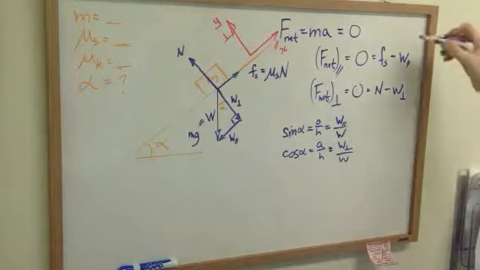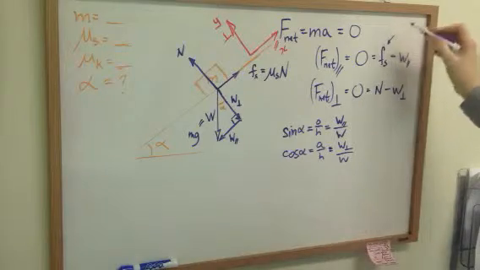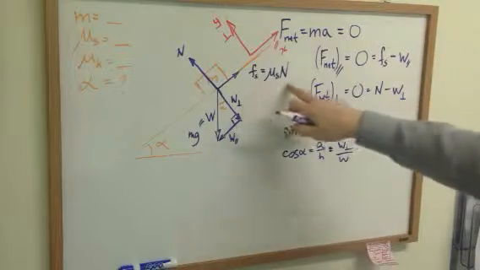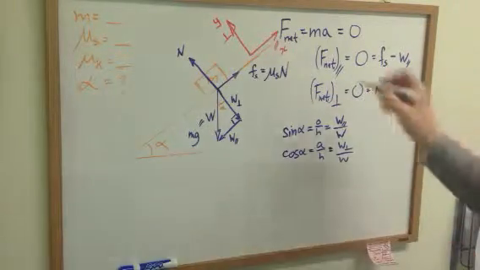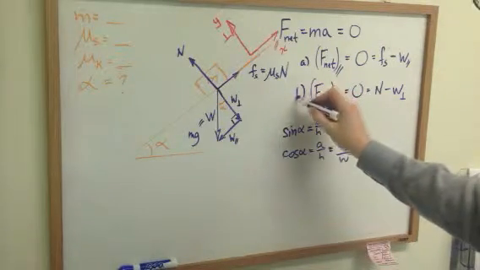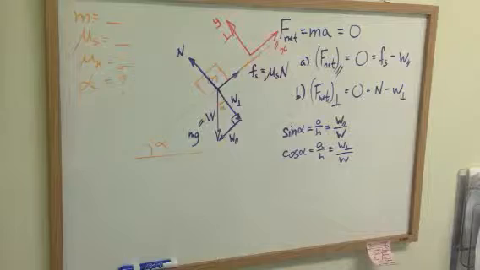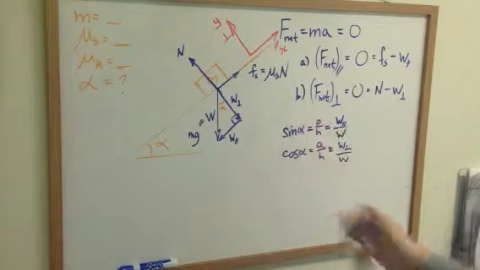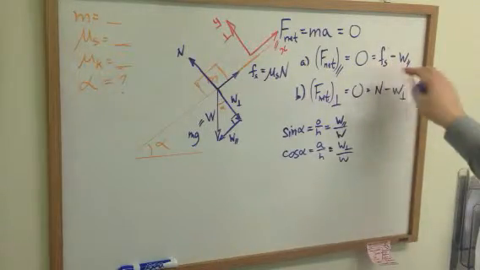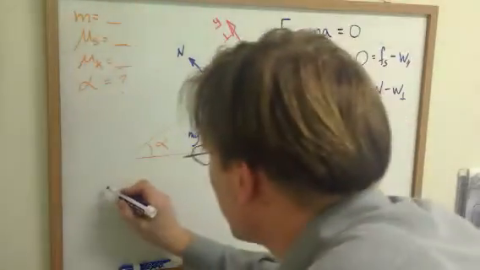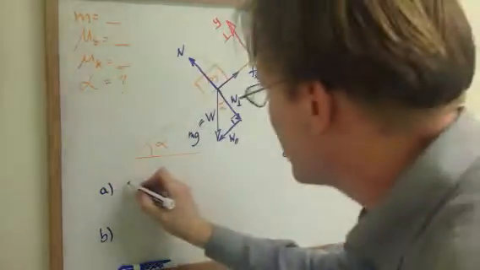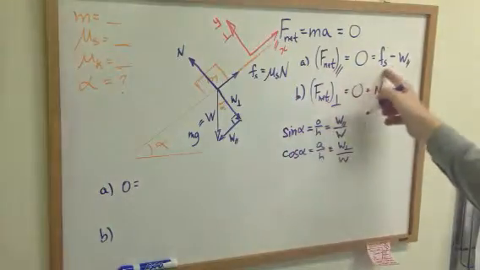But hold on, what's friction? Let's not forget, we have this equation for friction. So what I'm going to do now is we have two equations, A and B, and we want to know alpha. Let's solve for alpha. I'm going to substitute in everything I know for equations A and B. So here's equation A, here's equation B. Equation A says 0 is equal to the friction force.